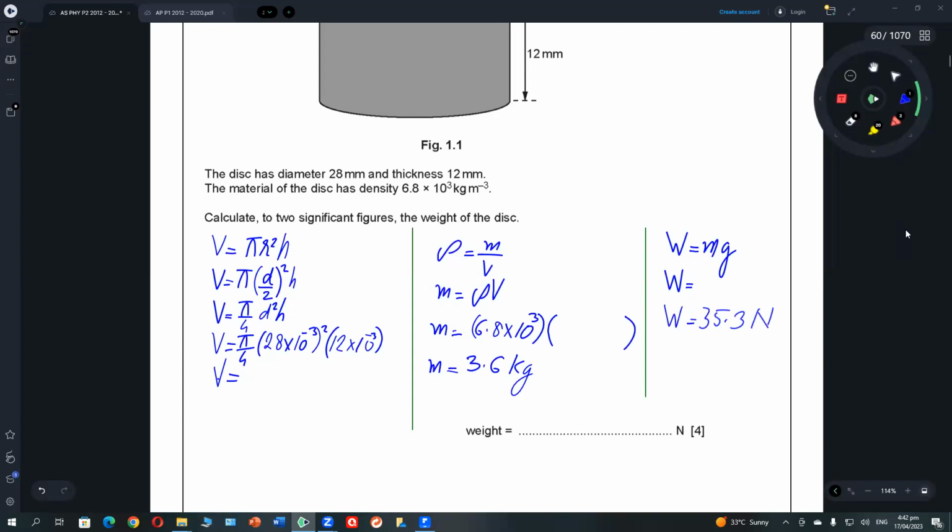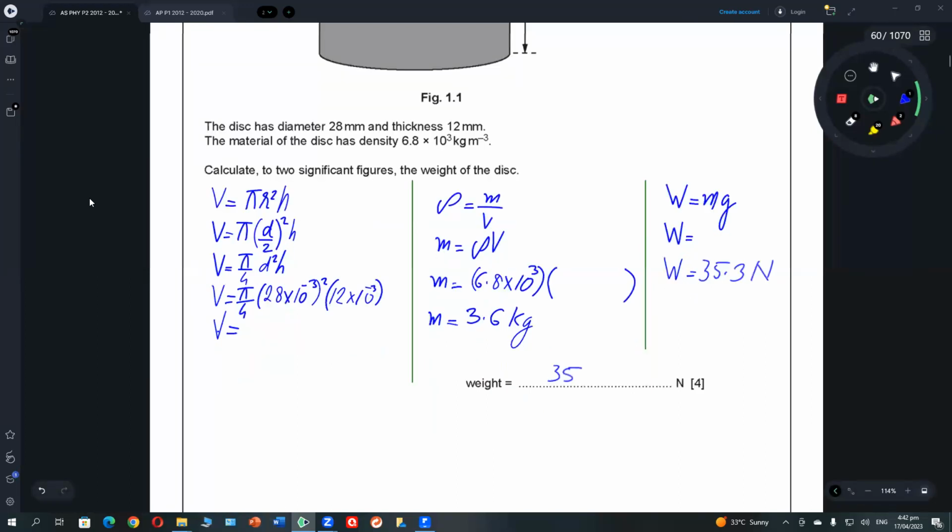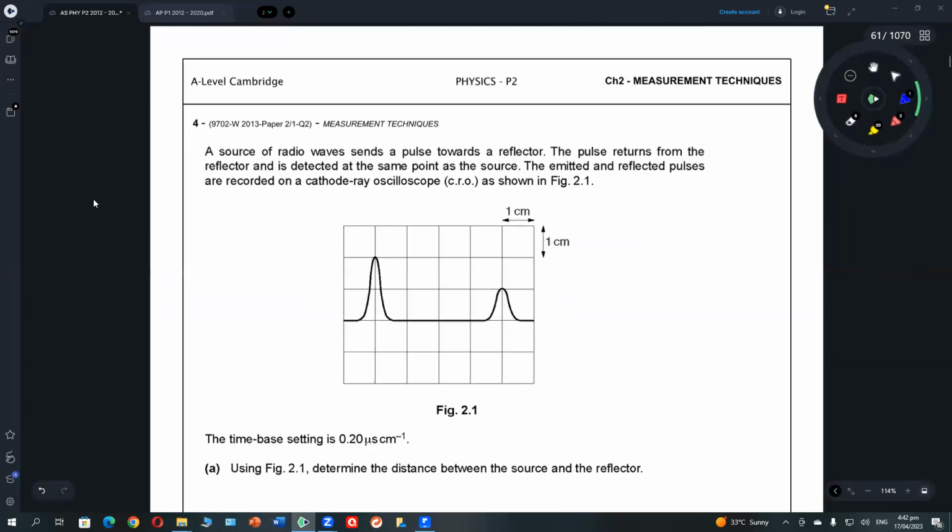How many sig figs? He's taking 2 sig figs. Now we have November 13.